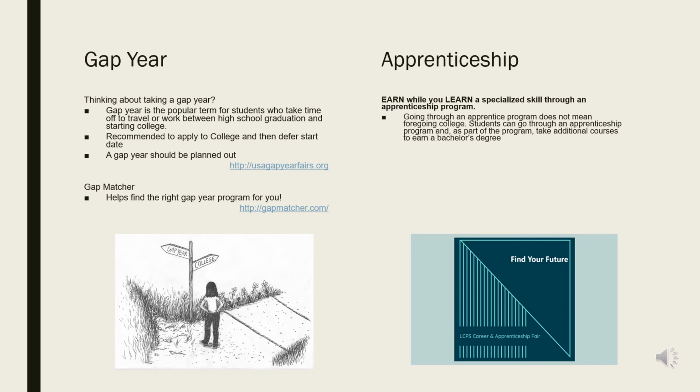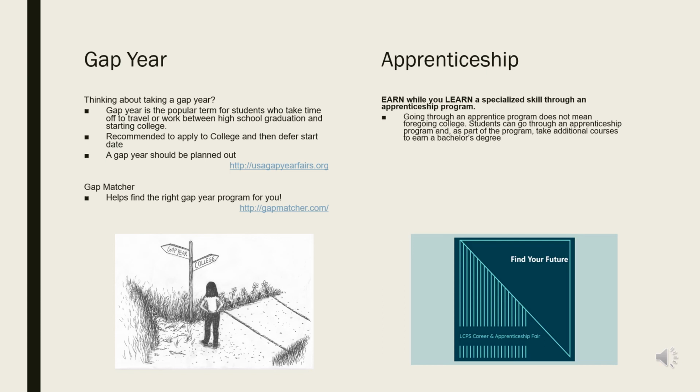However, it's important to note that during that gap year, it should be planned out and it should be meaningful. You can use some of the resources found here in this PowerPoint to get some more information about the gap year. Also, there is more information on our school counseling page.